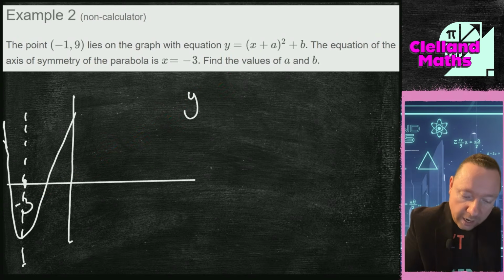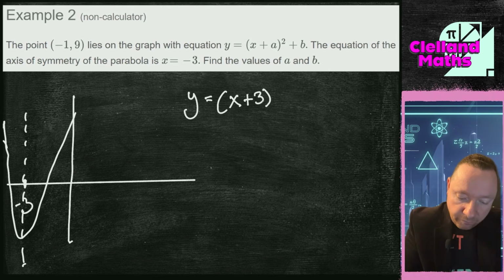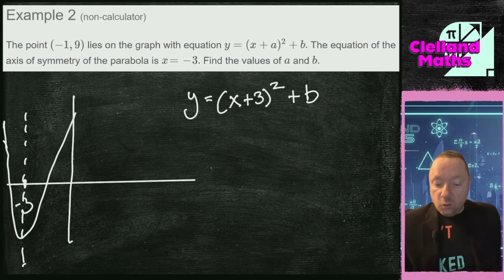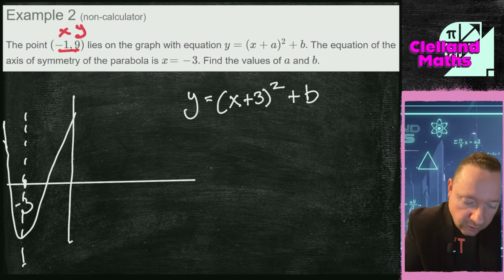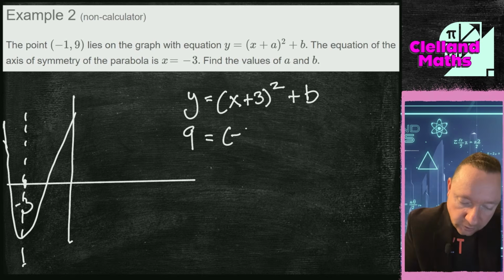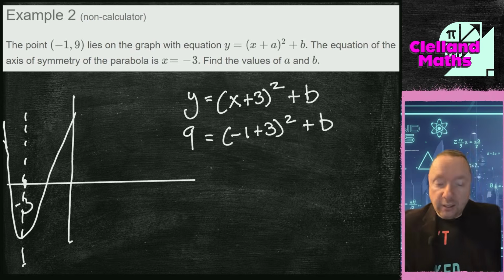So we now know that y equals (x plus 3) squared plus b. So now we've got an unknown b, but we've got a point, (-1, 9). Well, that's an x and a y, so we're going to sub that in. 9 equals (-1 plus 3) squared plus b, because -1 is x.